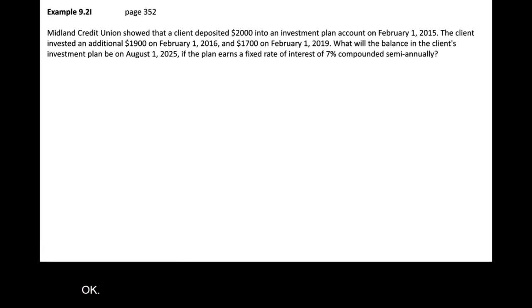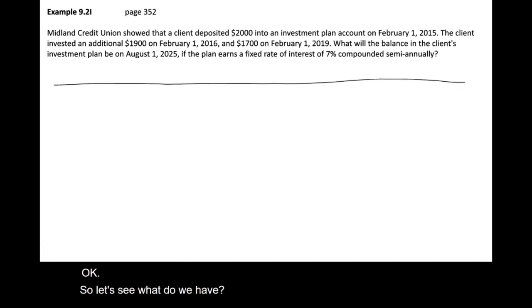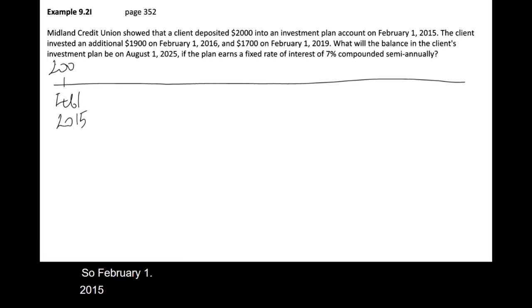Okay, so let's see, what do we have? Timeline. So February 1, 2015, $2,000. Okay, February 1, 2016, plus 1900.